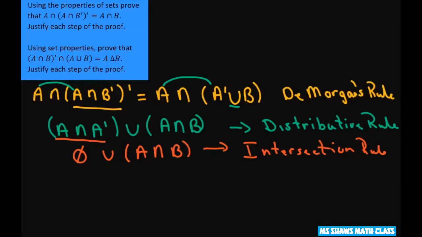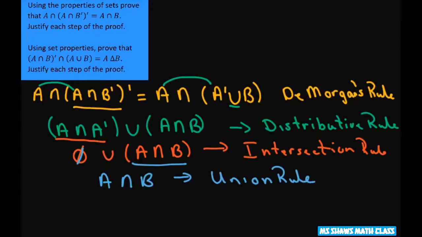And then finally, when you do the empty set union A intersect B, you just get A intersect B, and that's called the union rule. So that's what we did.